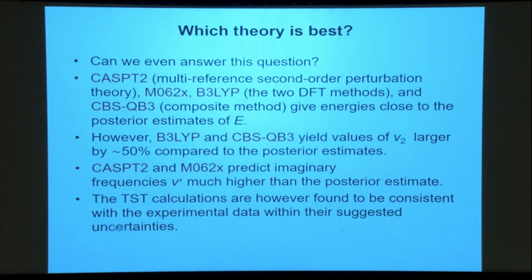So it's a little bit difficult to say which of the methods was overall the best theory method. But I suppose the useful thing about this is it shows that the transition state theory calculations were generally consistent with the experimental data within the suggested uncertainties.